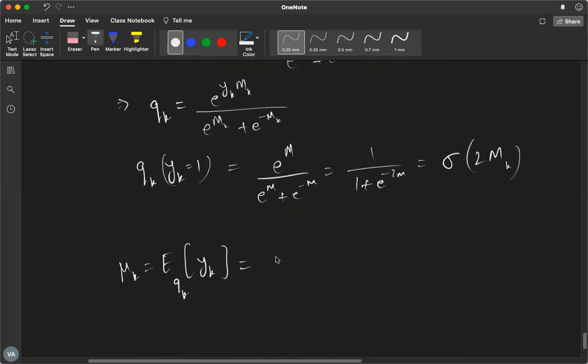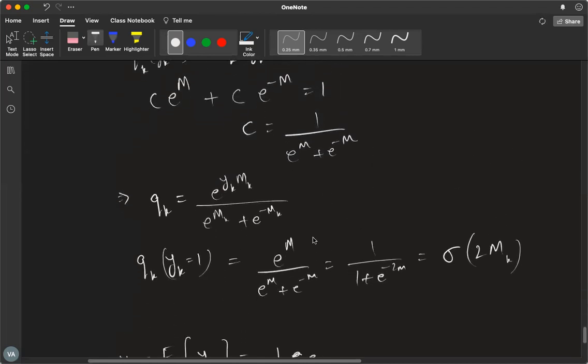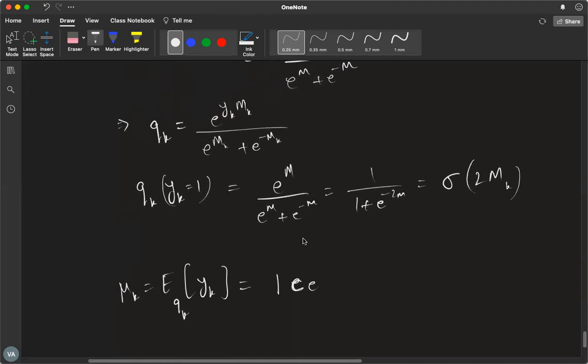So mu k is simply: yk times c times exponential of plus 1 times m, plus minus 1 times c times exponential of minus m.